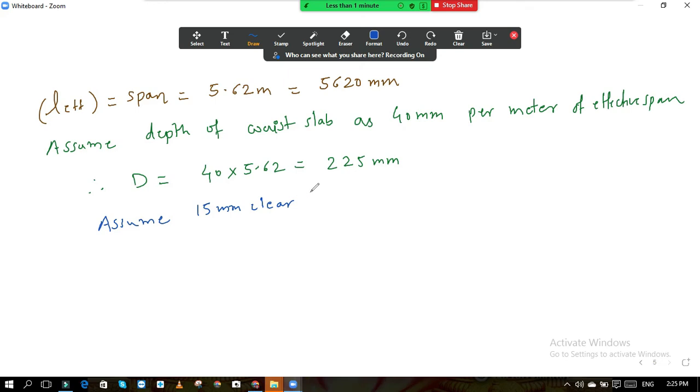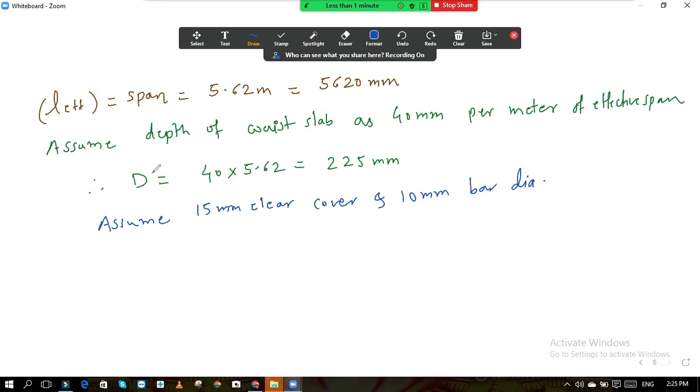Assume 15 mm clear cover and 10 mm bar diameter. Okay. So we have assumed clear cover and bar diameter to calculate the effective depth.